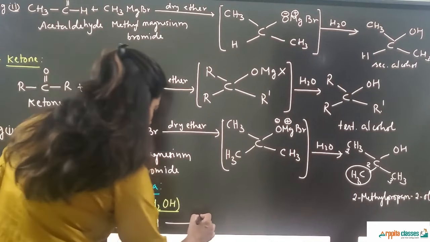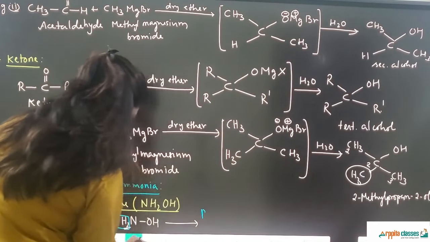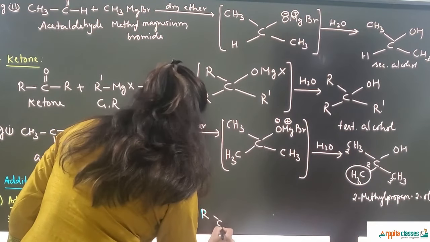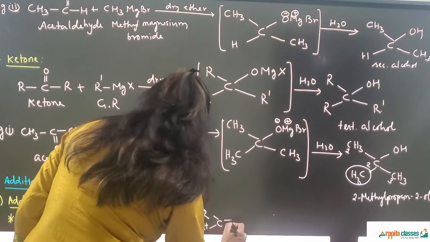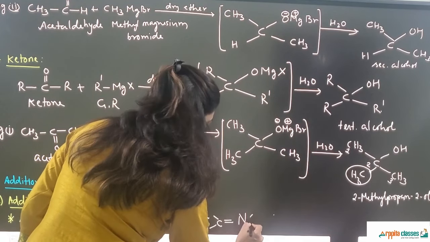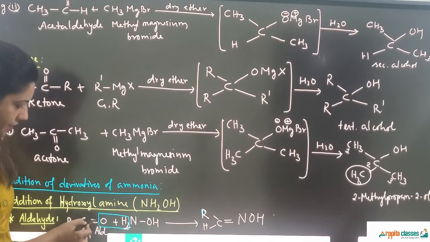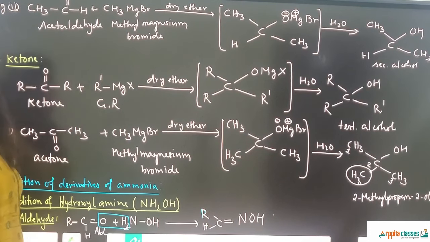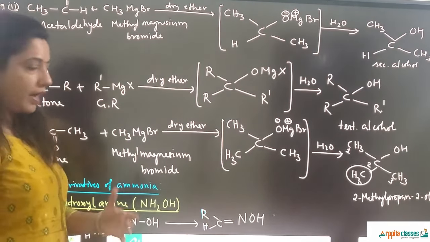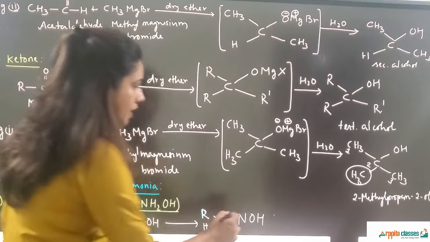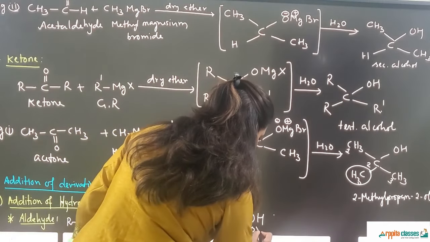After removal of water, we are having R, C, H, double bond, N, O, H. When aldehyde reacts with hydroxylamine, the product you get is called an oxime.